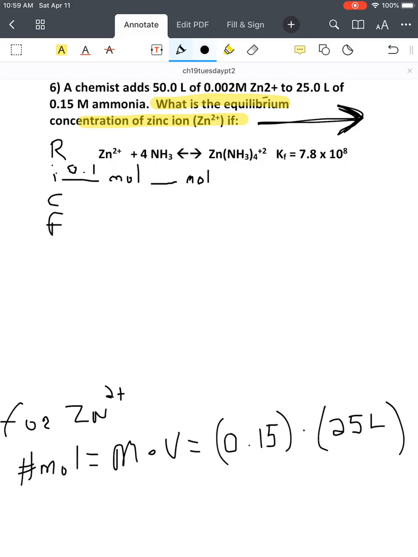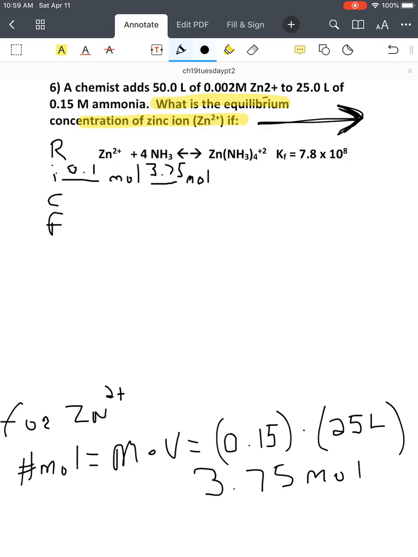It's still quite a bit, but the concentration was higher. So if I multiply 25 times 0.15, I finally get 3.75 mole of ammonia. So I actually have quite a bit more ammonia. That may play a big role here.